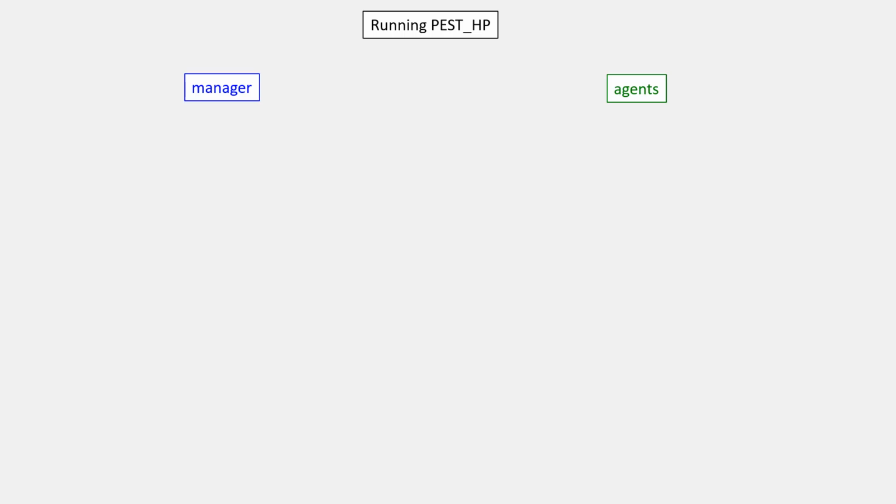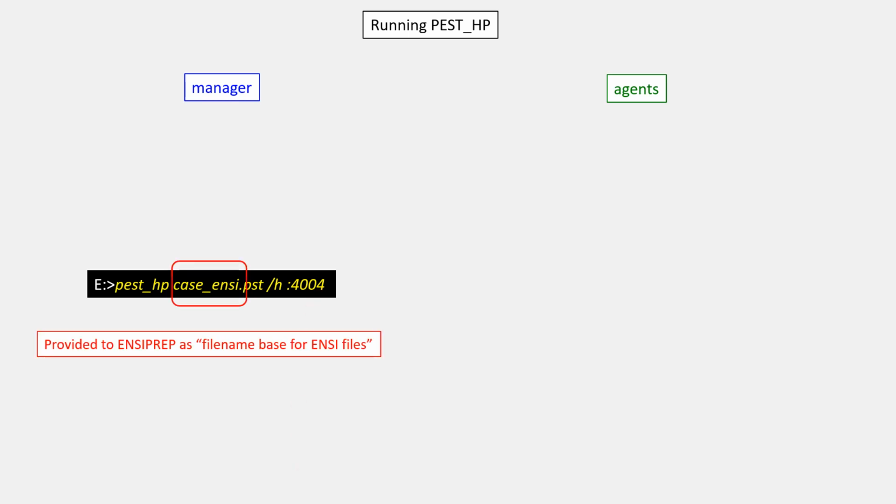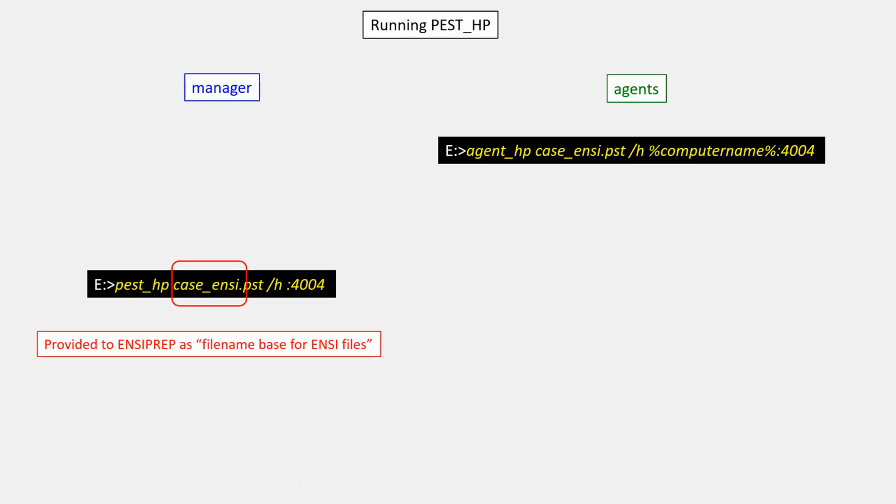As is extensively documented in PEST-HP documentation, to run the PEST-HP manager, we type PEST-HP, the name of the pest control file, and then the TCP/IP port which the manager must open. The agents can be on the same machine as the manager or on different machines.